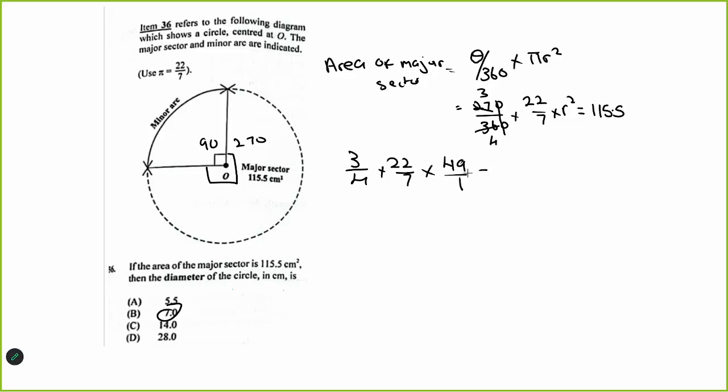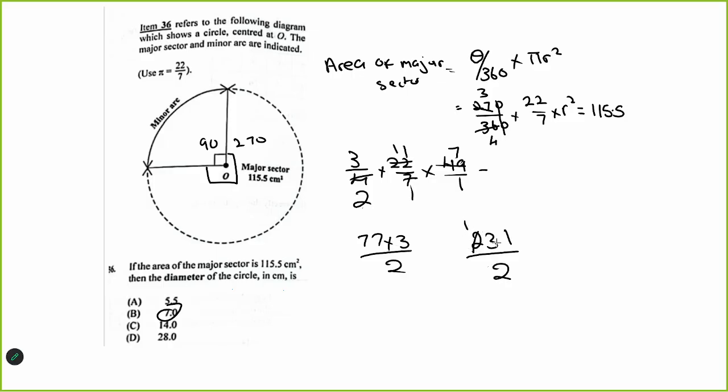7 squared is 49. 7 into 49 is 7, so this is 2, 2, and 11. That's 77 times 3 divided by 2. 7 3s are 21, and 2 outside is 23 over 2.